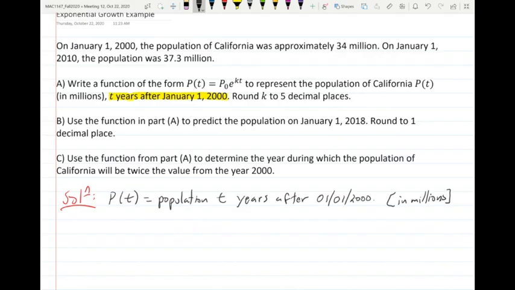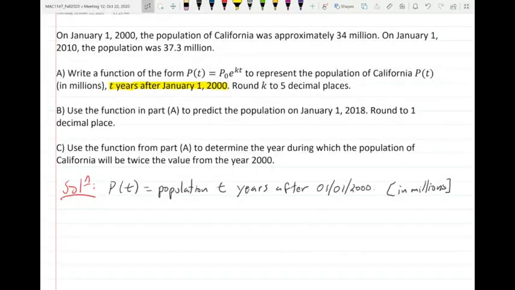What would be t in that case? So what is t? t is equal to 0. Very good. So this is telling us that if t is equal to 0, P of 0 equals 34. Does everyone understand this?